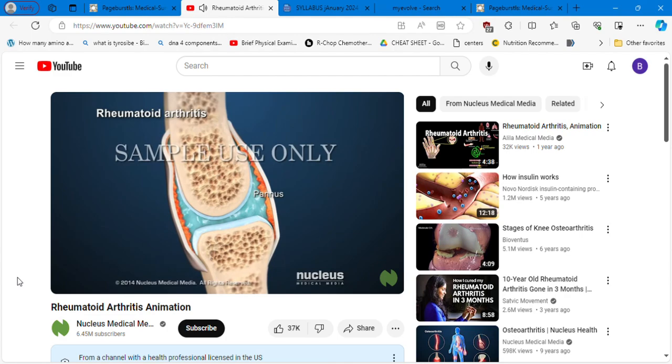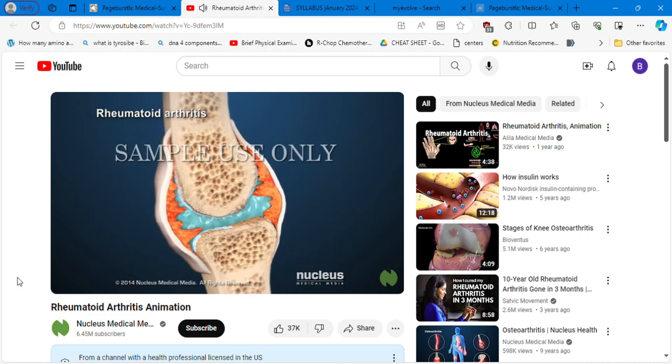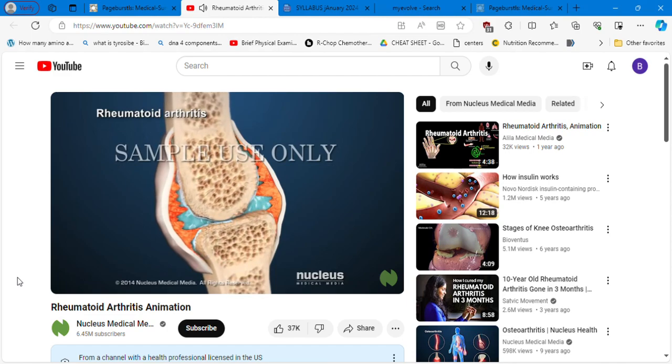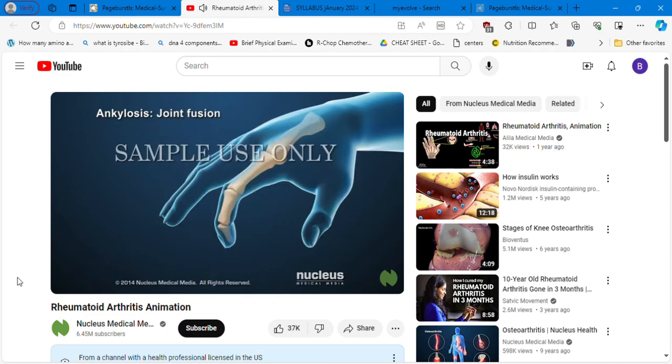Over time, as the pannus grows, it invades and destroys areas of cartilage and bone inside the joint. Inflammation causes fluid buildup in the joint, making the joint swell. Eventually, without treatment, the joint space narrows and ankylosis can occur. Ankylosis is fusion or growing together of bones in the joint. This results in the loss of the ability to move the joint.